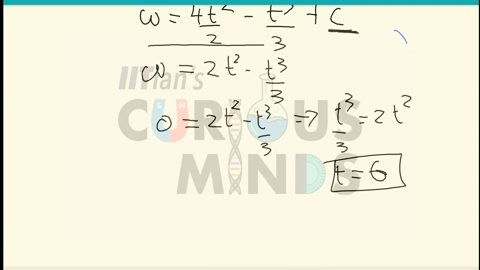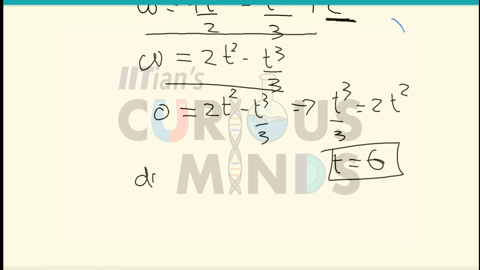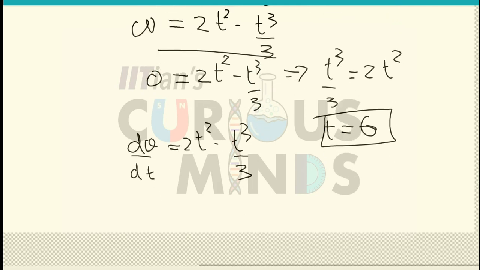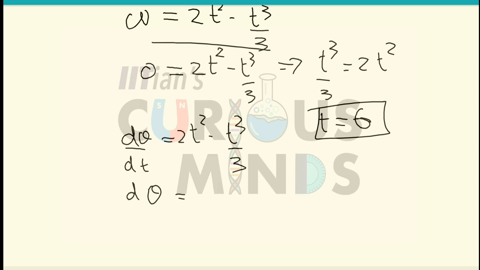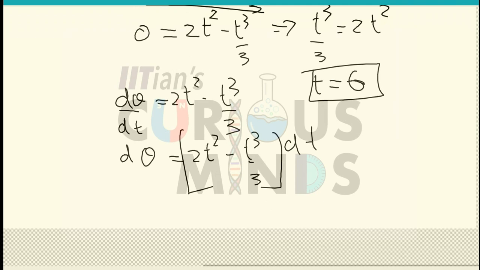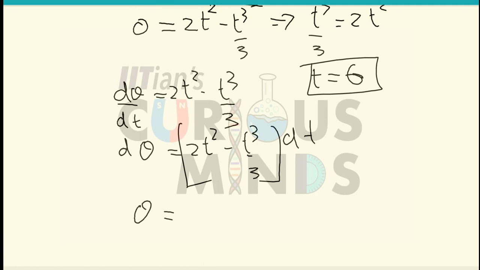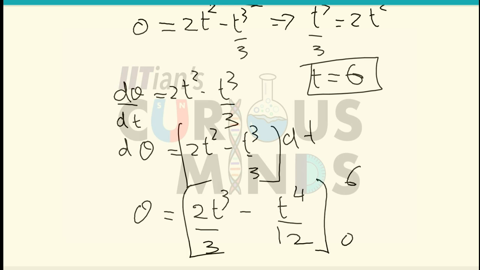In order to get the displacement, we use the formula dθ/dt equal to 2t² − t³/3. So dθ will be equal to (2t² − t³/3) dt. I will integrate on both sides. θ will be equal to 2t³/3 − t⁴/12, and the limits will be from 0 to 6 seconds.